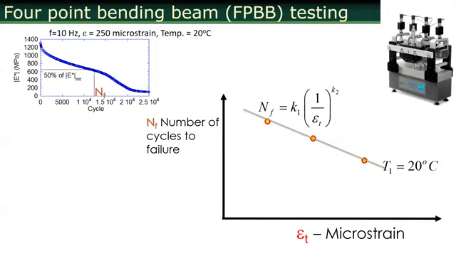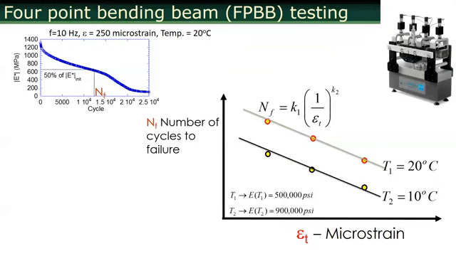This is the temperature at 20 degrees Celsius. Now, if you repeat the test at a different temperature, let's say at 10 degrees Celsius, a lower temperature, your NFs will go down. So at lower temperature, the material is going to break faster. And then the curves will look very similar, close to parallel. If you look at this temperature, the initial modulus was, for the sake of argument, 500,000 psi.